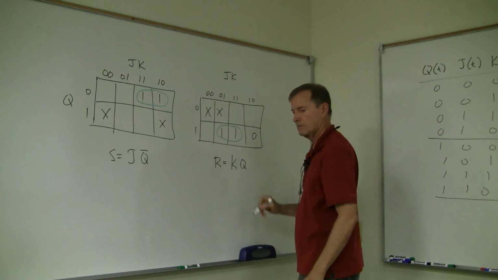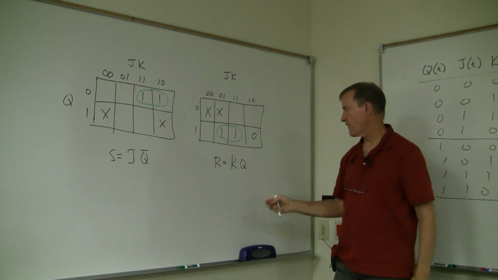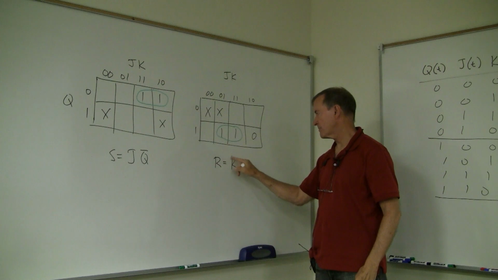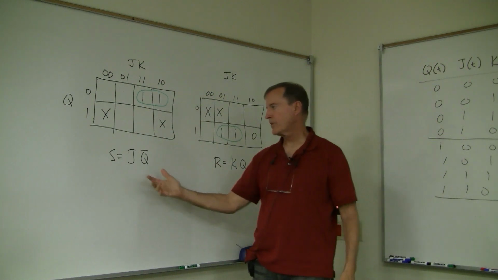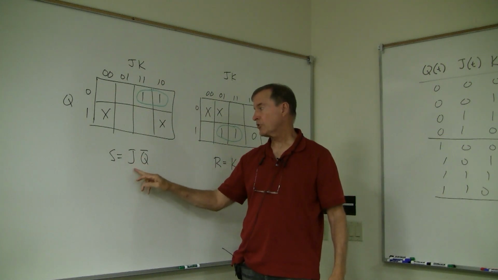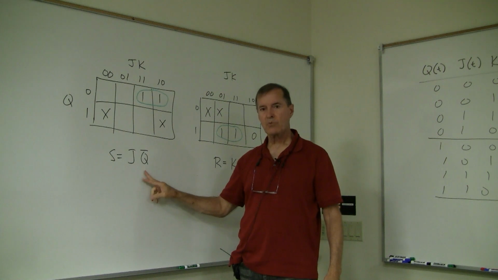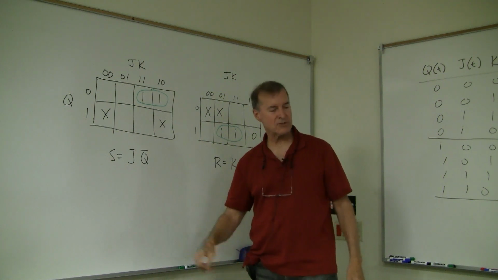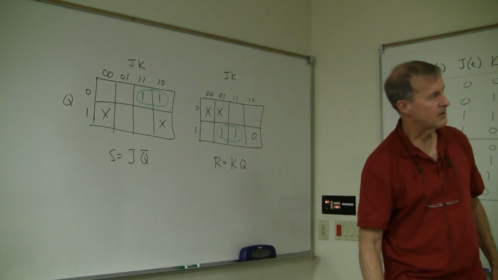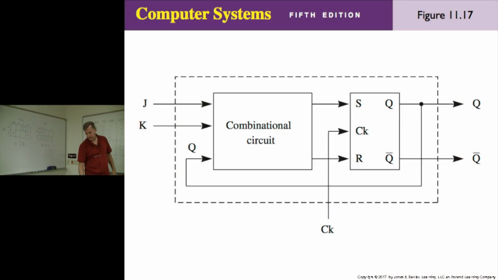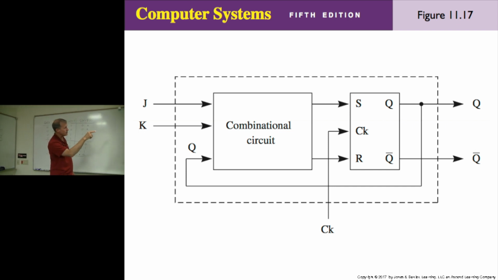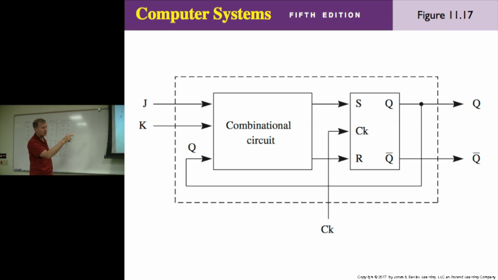Yeah. All right. And now if I were to ask you to write this up, by the way, if Q is an input, we would need an inverter here. But let's go back to figure 11.17. We showed just Q coming in, so we could just have that Q coming in and then put an inverter there. But why put the inverter there?